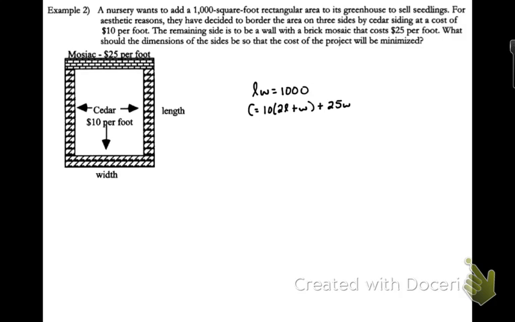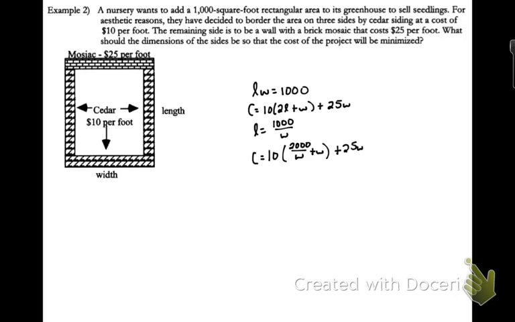So if we could get this cost function to be in terms of just L or just W, we could get this done. I'm going to convert this to be in terms of just W. So I know that L equals 1,000 divided by W, which means that my cost will equal 10 times 2,000 over W plus W plus 25W.